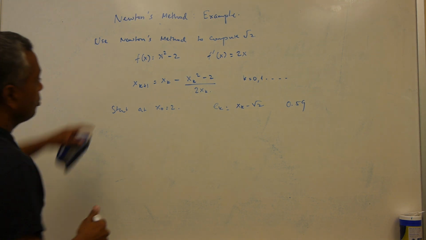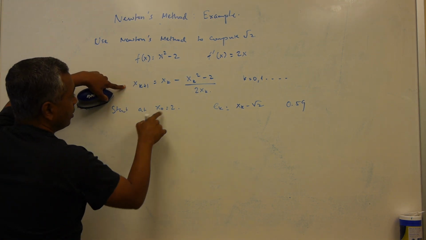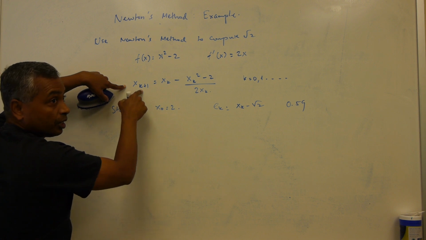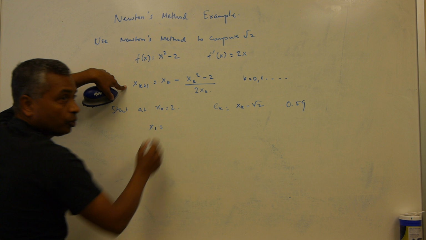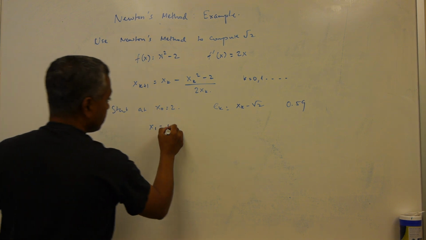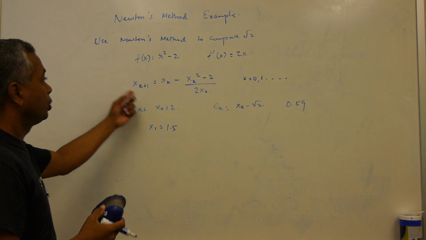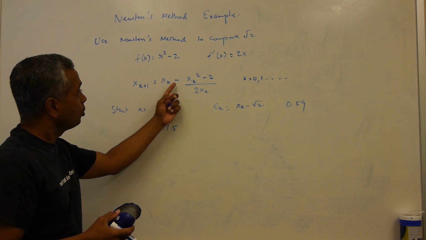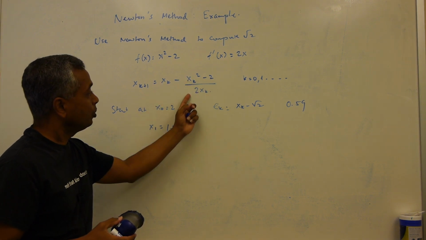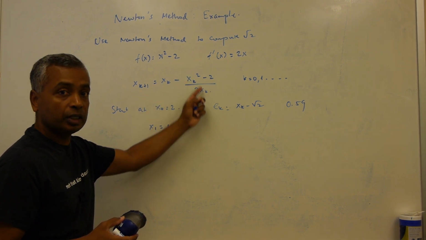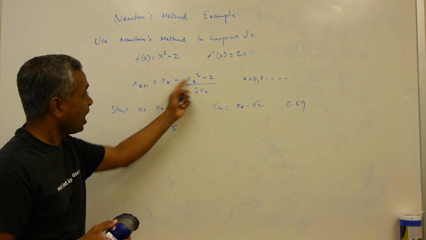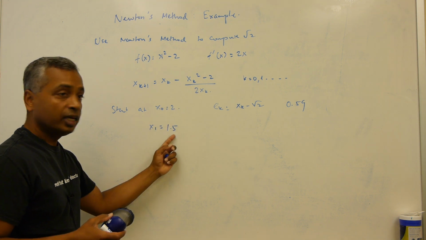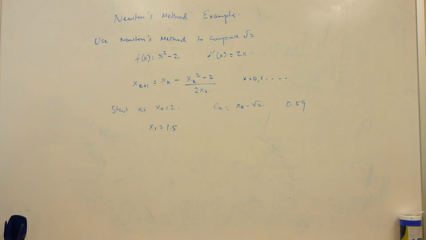Okay, so I'm going to plug x0 equals 2 into this equation, and I will get x1 equals 1.5. So if you plug 2, this becomes 2 minus 4 minus 2 divided by 4. Okay, that's 2 divided by 4. So this becomes half. So this is 2 minus half, and that value becomes 1.5.